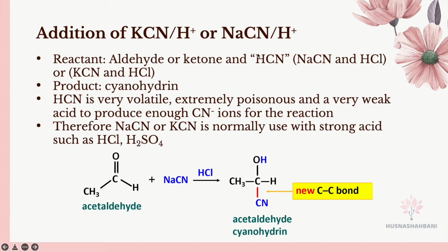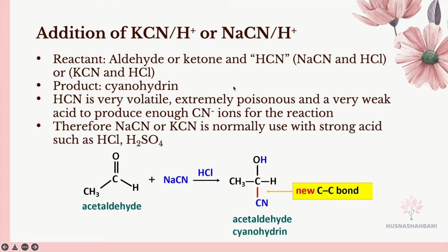We don't directly use HCN. Instead, we use NaCN, HCl, and KCN, HCl. This is because HCN is very volatile, extremely poisonous, and a very weak acid, so it does not produce enough CN minus ions for the reaction.